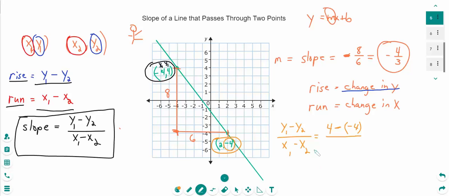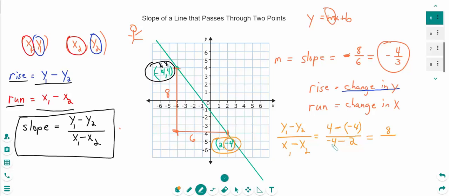In the denominator, we have our x's. So our x's are a negative 4 for the first point, and we're going to subtract, because that's what the formula says, so we're going to subtract the second x, which is a positive 2. All right, so now we just have to simplify this little bit of a mess here. So 4 minus a minus 4 would be 4 plus a 4, which is going to be 8.